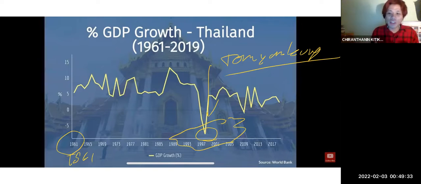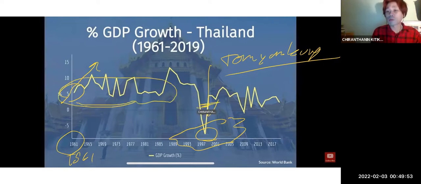In 1961, Chiang Mai became the head of the northern region of Thailand, and as you can see, the growth of the economy was rising all the time till the Tom Yam Goong crisis.